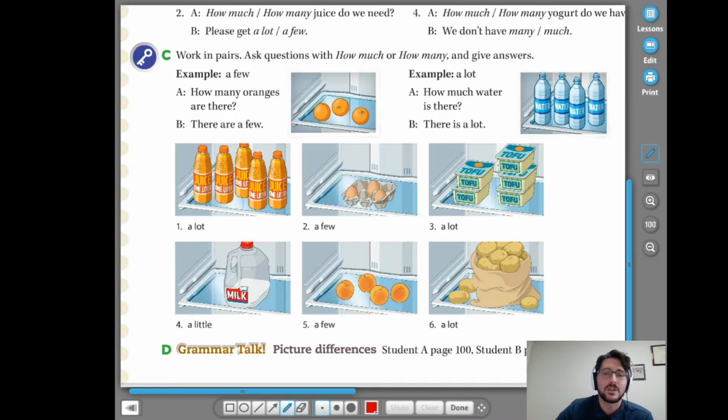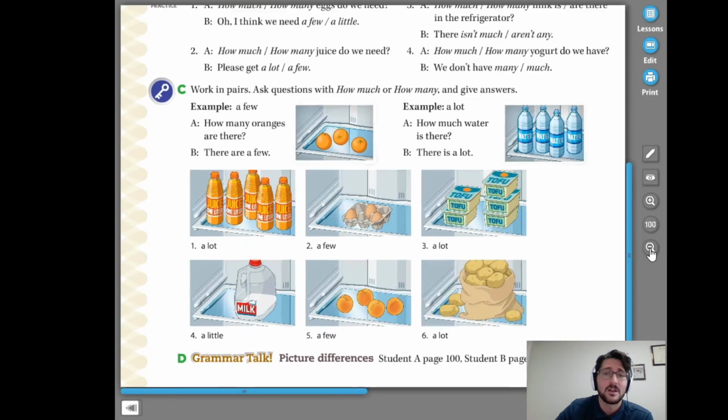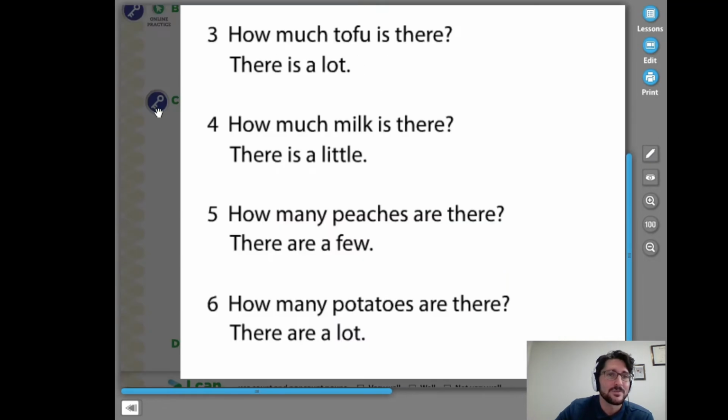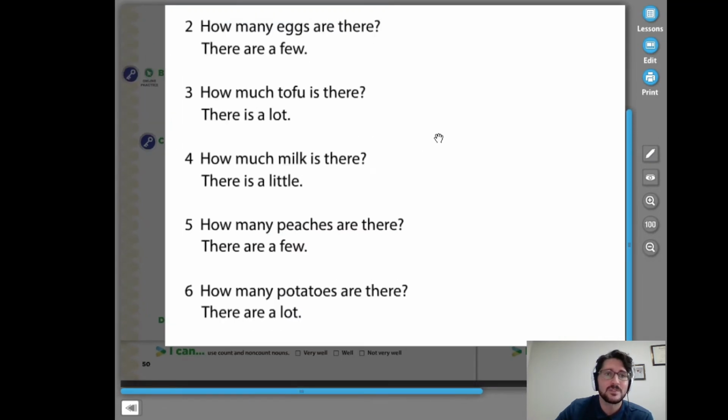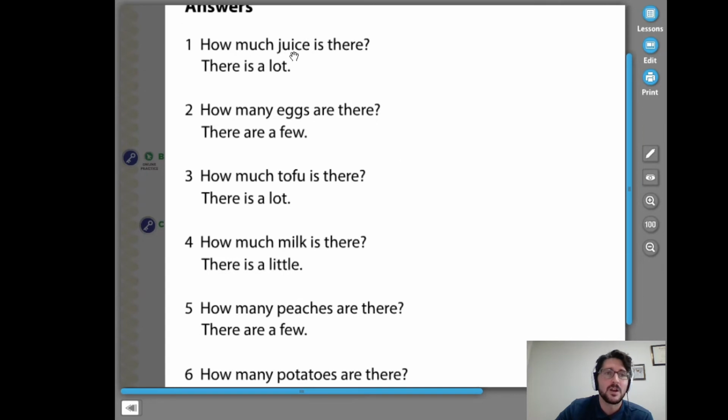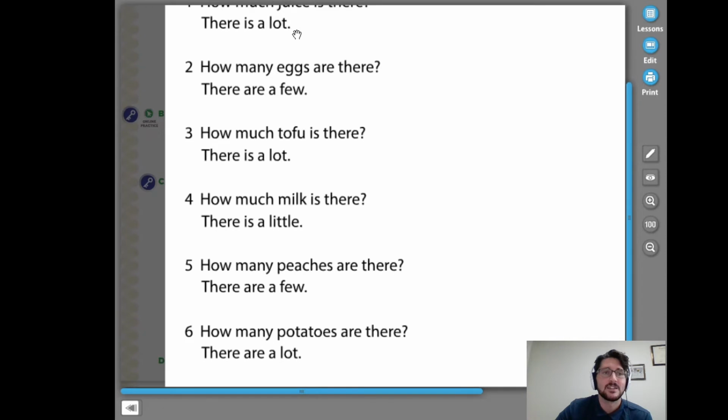All right, I gave you some time to write your answers. Let's check our answers now. I'm gonna pull up the answers here, and we can read them together. So number 1, 벌써 했어요. How much juice is there? B 사람은 there is a lot. Number 2, 따라 해보세요.